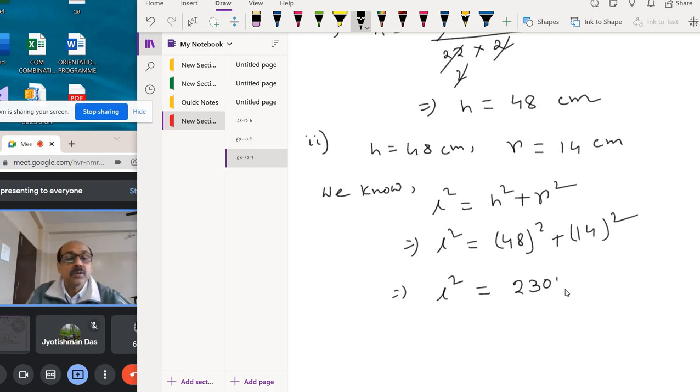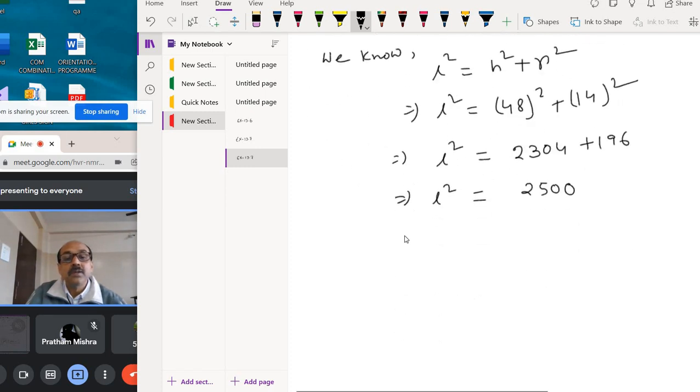2304 plus 14 square 196, 14 into 14. Now the sum of this: L square equal to 2500.